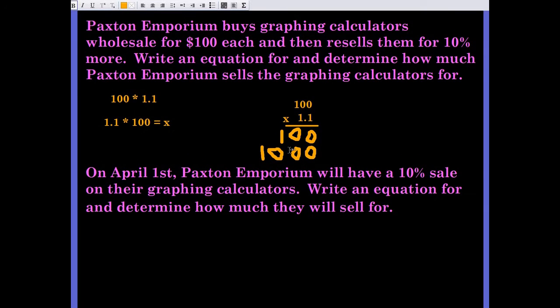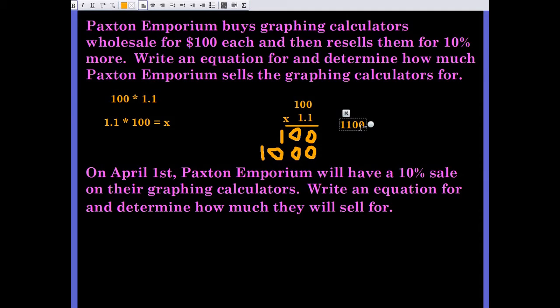And then remember, what I'm going to do is add those up. And I'm actually going to type that out because I think that'll be a little neater. There I go. 0 and 0 make 0, 0 and 0 make 0, 1 and 0 make 1, and this one here makes this one here. But I need my decimal placement.